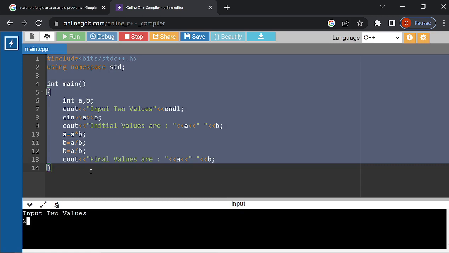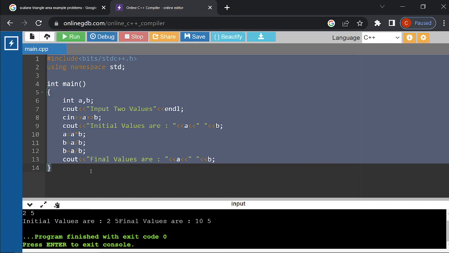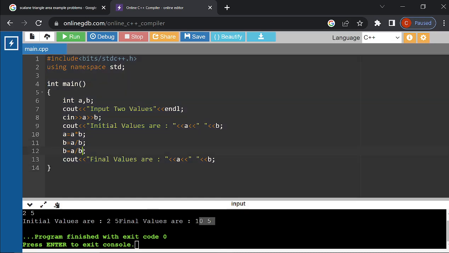Here we can use a space to separate the two inputs, but in Java we have to press enter. I have told you in that video. Now the initial values are 2 and 5, and the final values. Sorry, I think we had made some mistake.